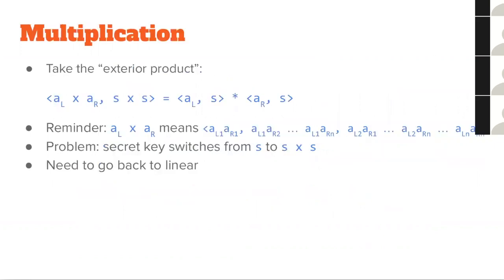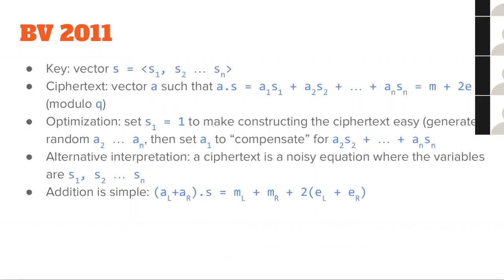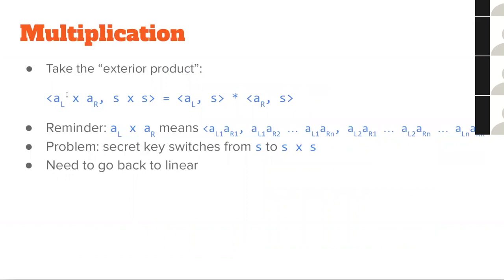Multiplication is harder, right? The problem here is that in the scheme I showed you before, you're operating with single numbers, and single numbers can be added and multiplied. Here you're operating over vectors, and vectors can't just be multiplied with each other. Well, they kind of can, right? You have this notion of an exterior product, where a vector multiplied by another vector is just a big vector that contains all of the products of the elements.